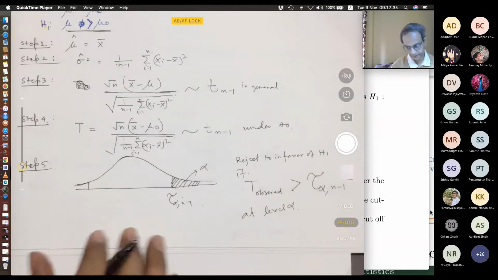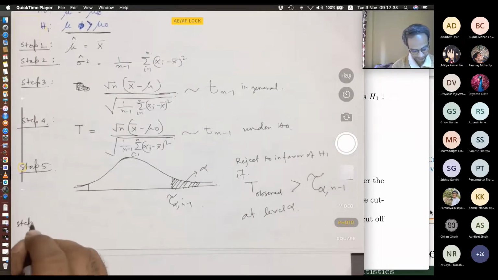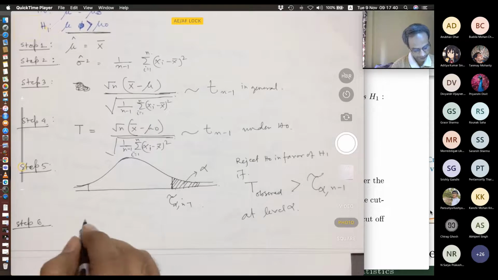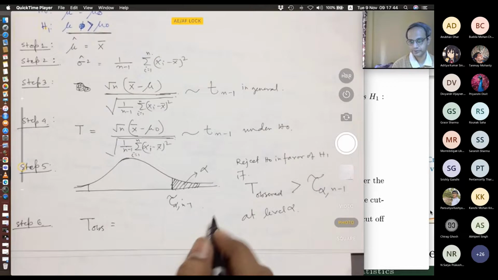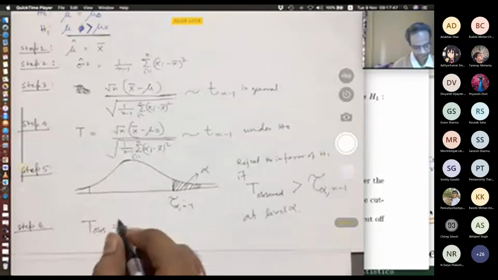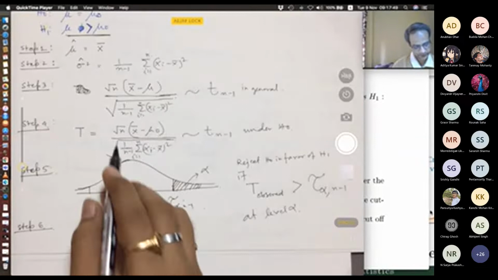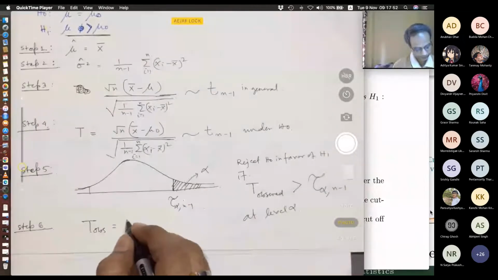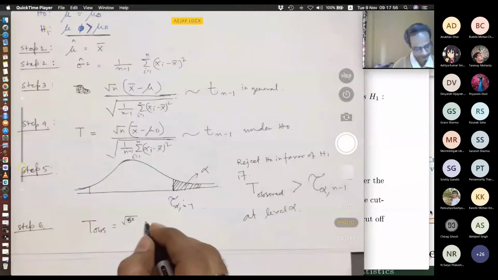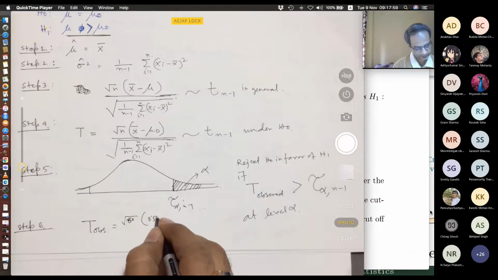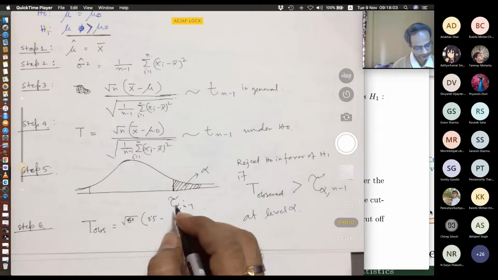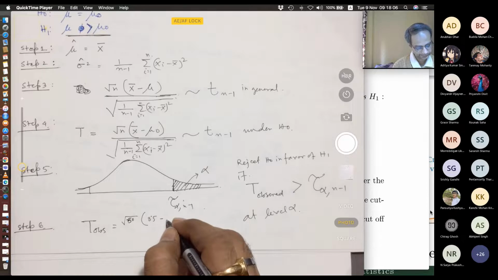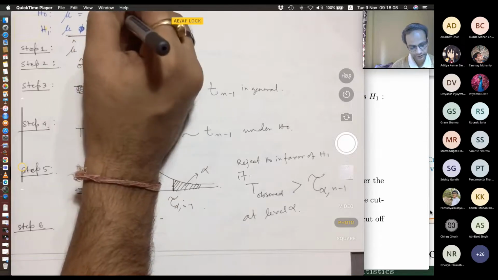Now, step 6 is the final step. T observed, from data you compute whatever the thing, you plug in the value of, say, n equals to 50, square root of that, x bar is 3.5, mu naught, okay, you can consider some other number, maybe say mu naught 3.